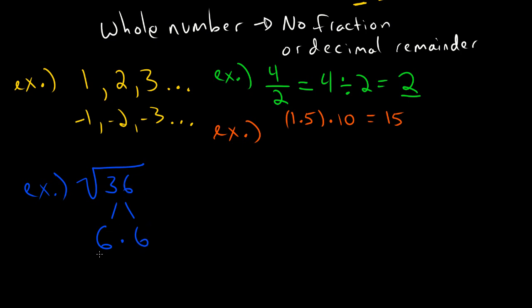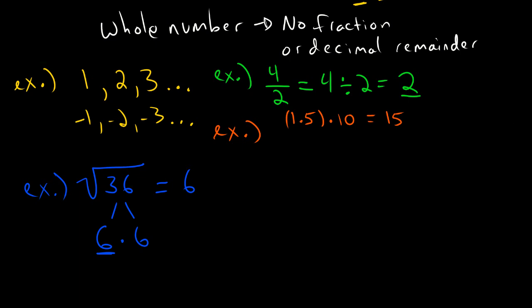So the square root asks us what is the value that times itself gives us the number that's under this square root. And since the square root of 36 is 6, that is going to end up being an integer because it's a whole number. So even though at first it seemed a little bit weird with the radical sign, since it simplifies to an integer, we're going to end up having that.